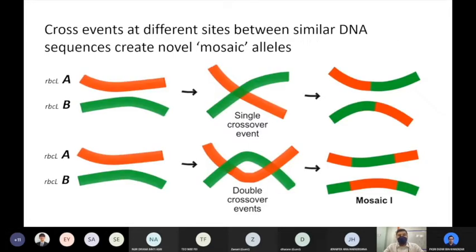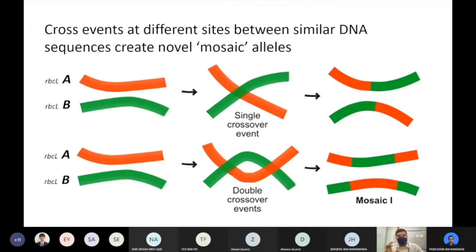As I said, depending on the crossover events, you might have single or double crossover events. For double crossover events, what you'll also get is a mosaic type of DNA integration, meaning patches of DNA integration into the new gene.